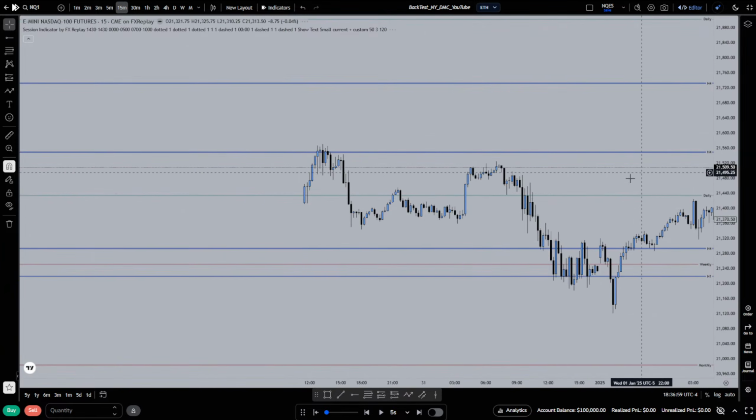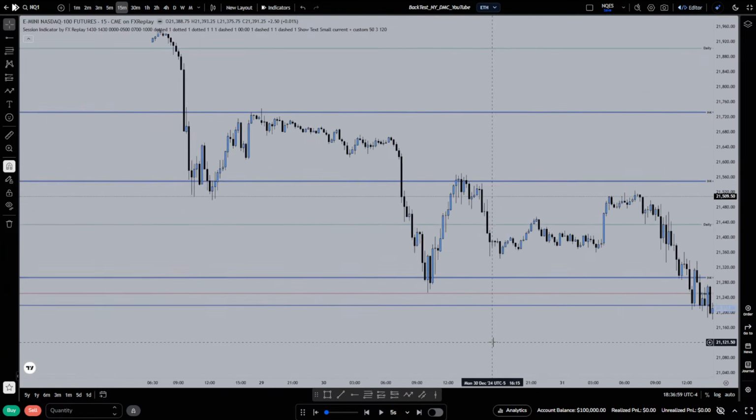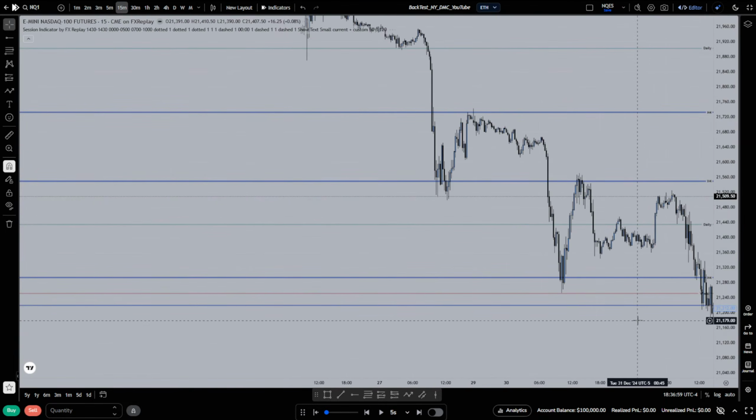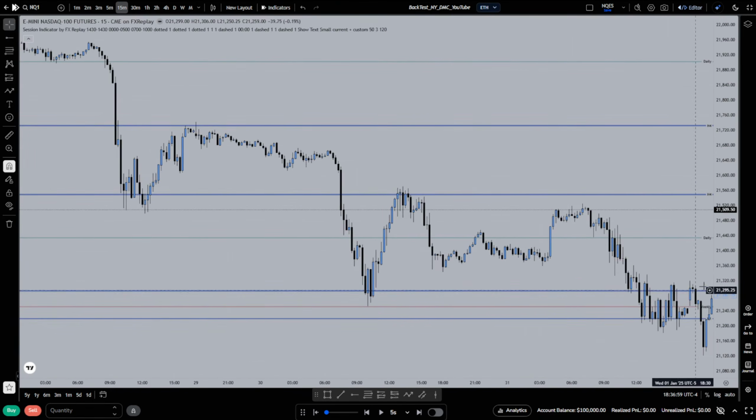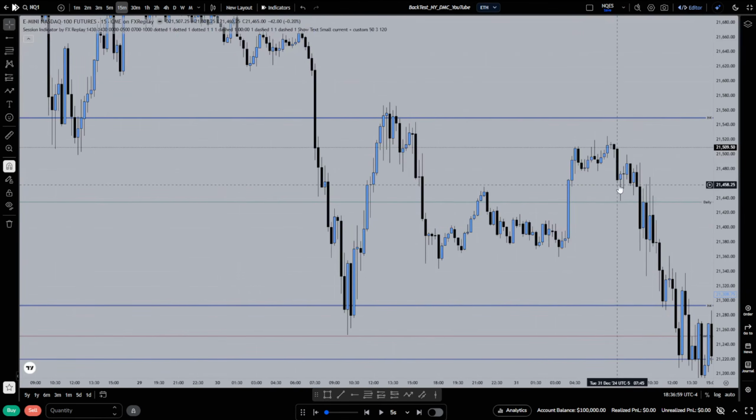Let's see if there's anything in here. So in this leg that we have not tested that level, we go back up and we test this level, and we now expecting to go further down.